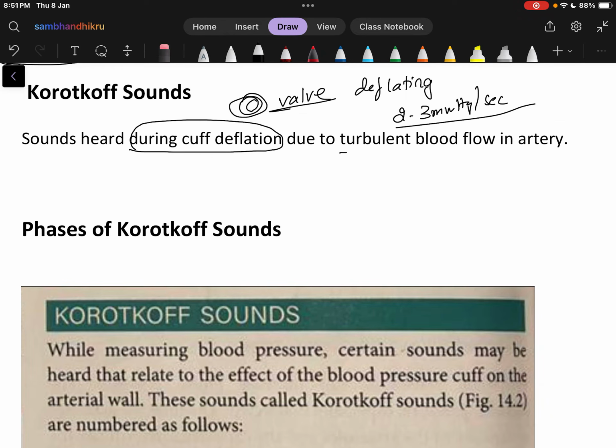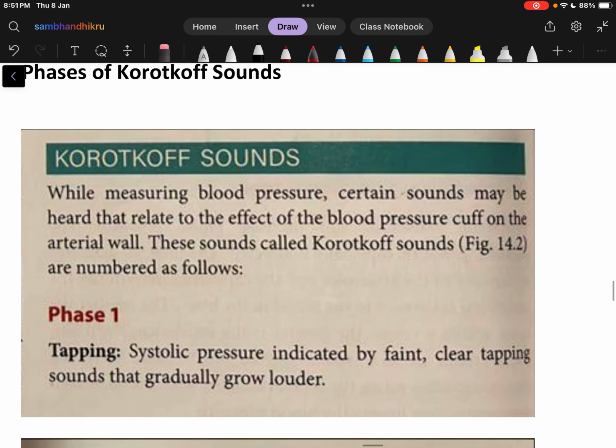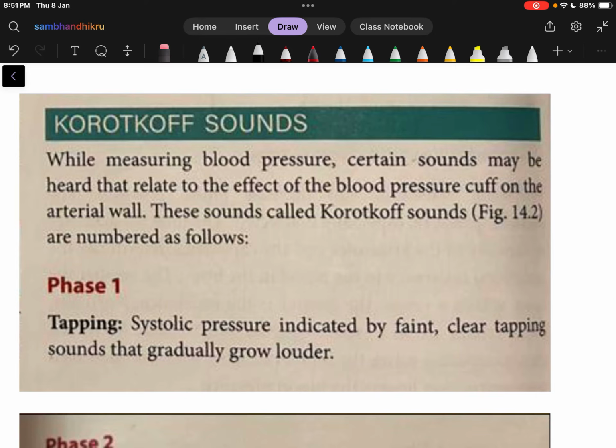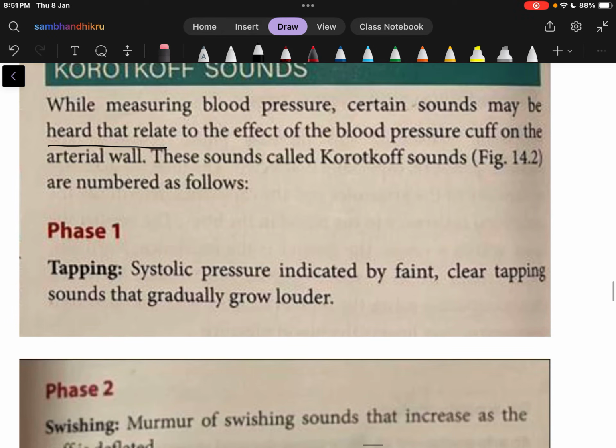At that time, the flowing of the blood creates turbulence in the lumen after the removal of the pressure from the artery while you are deflating, isn't it? That's what gives you the sound, right? So that sound will be called the Korotkoff sound. You read this definition as I said in the explanation.